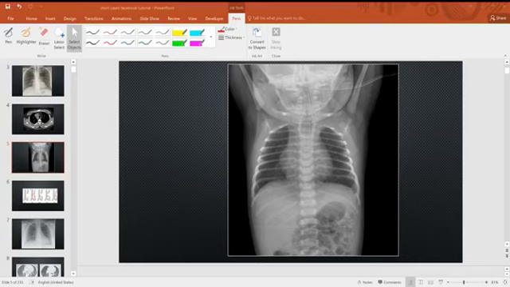What is your answer? Someone said it is esophageal atresia with TE fistula.